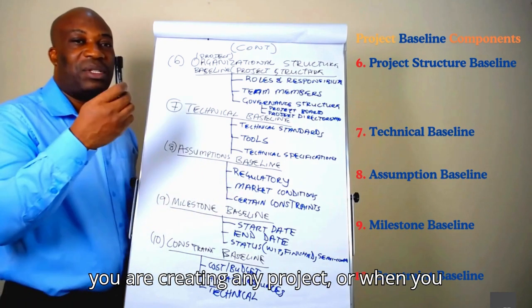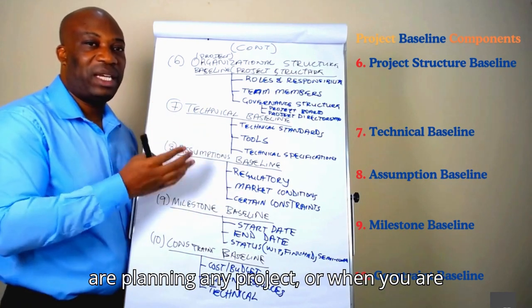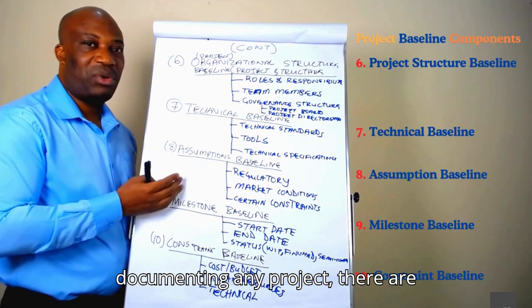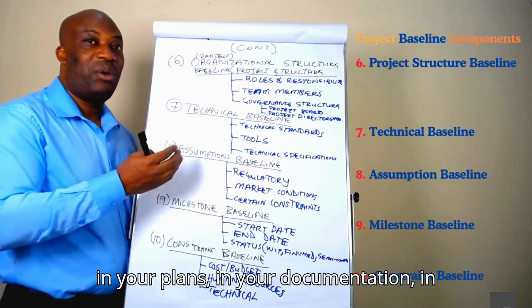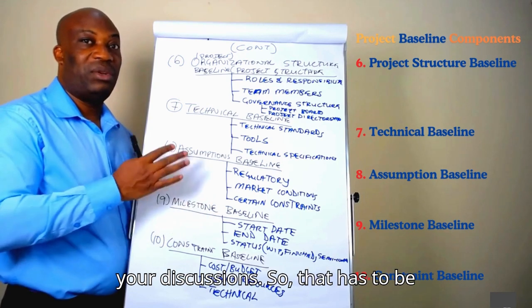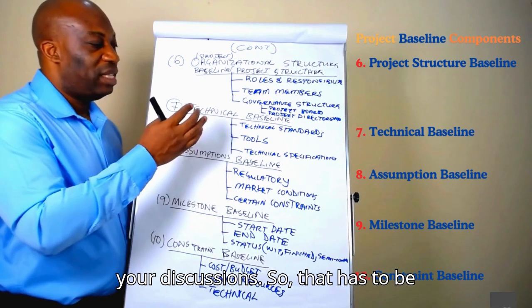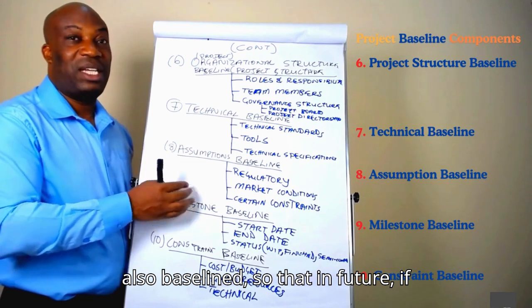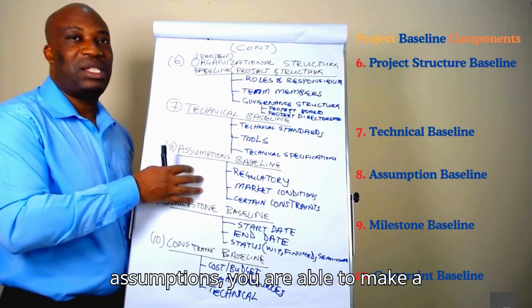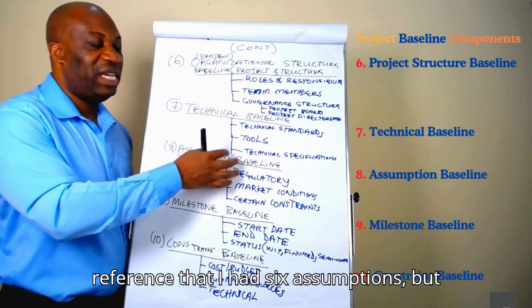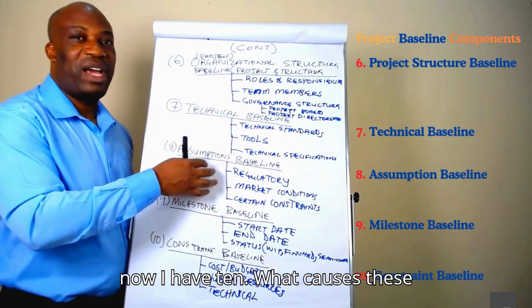Then the 8th item is assumption baseline. When you are planning any project or documenting any project, there are certain assumptions that are inherent in your plans, in your documentation, in your discussions. So that has to be also baselined so that in future, if there's any change of those assumptions, you are able to make a reference that I had 6 assumptions, but now I have 10.